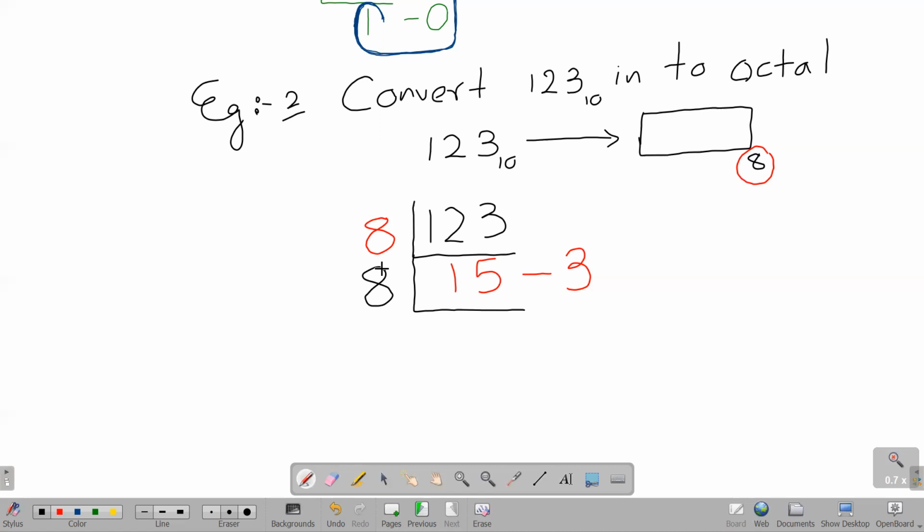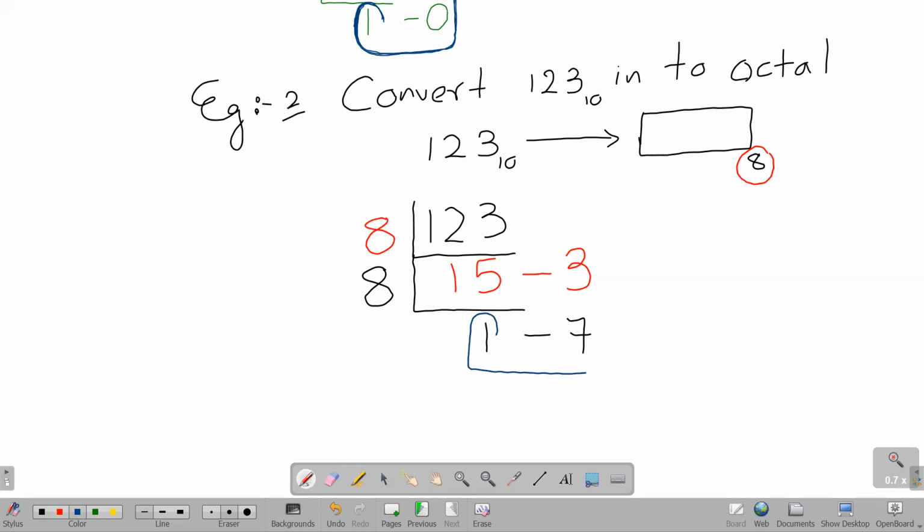Here we are dividing by 8, so we divide the answer until we find something less than 8. When we divide 15 by 8, it's just 1, and 7 will be the remaining amount. So now we have found something less than 8.